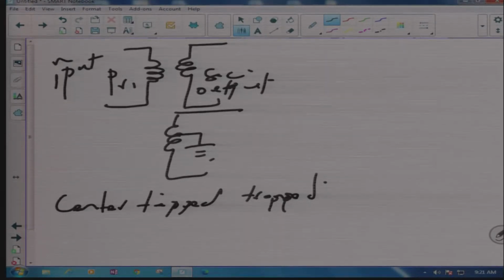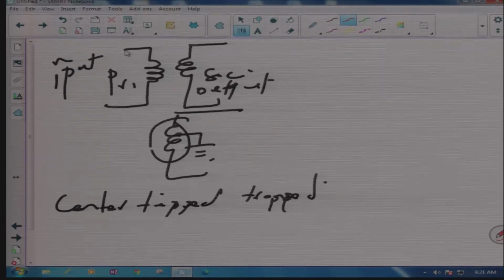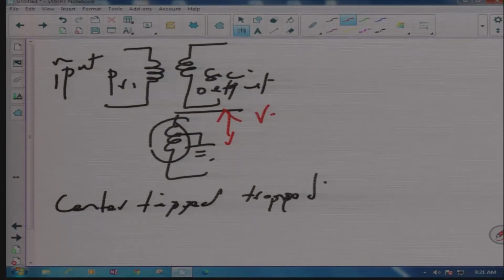The voltage in the secondary, you use the same formula as before to calculate. The voltage on this part of the circuit is actually V sec, the V sec that you calculated, divided by 2.